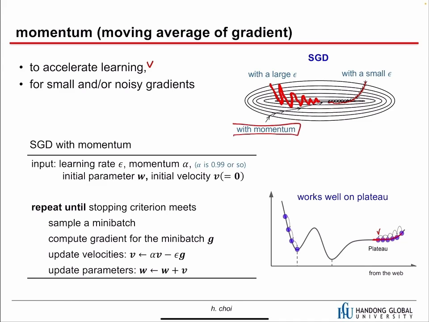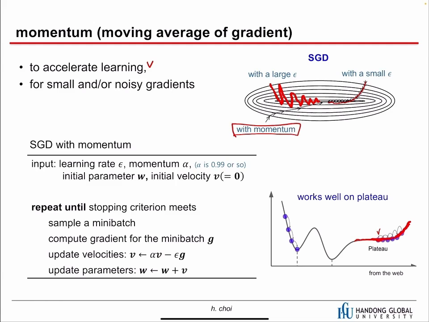But if we have momentum, then we can get out of this plateau. Think about some play: we are rolling a ball down this hill. Then when we have a plateau around here, the ball can actually keep running because there is momentum. The ball was running from this hill, so there is a velocity, and we have energy.